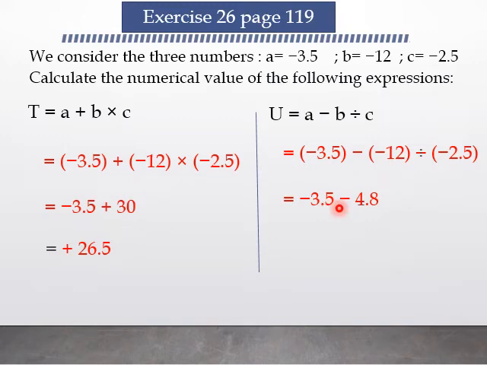Or we can directly say 3 negative signs, an odd number, so it's definitely negative. Now 12 divided by 2.5 is 4.8. Now 3.5 and 4.8 added is 8.3, so it's minus 8.3.